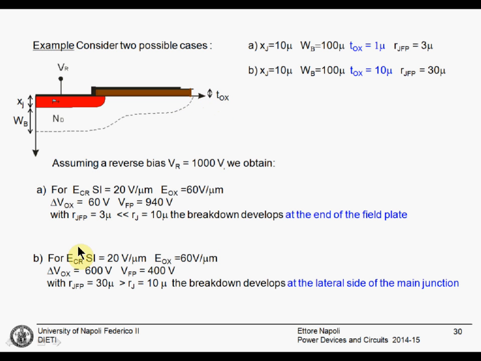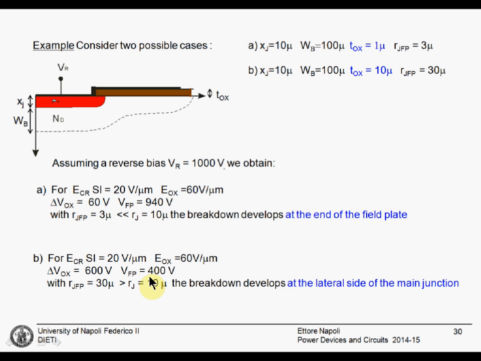In the other condition, again, the values of the critical electric field are the same, but this time the voltage drop on the silicon dioxide is 600 volts because it is 10 microns thick. And the voltage induced on the silicon from the field plate is just 400 volts, quite small.